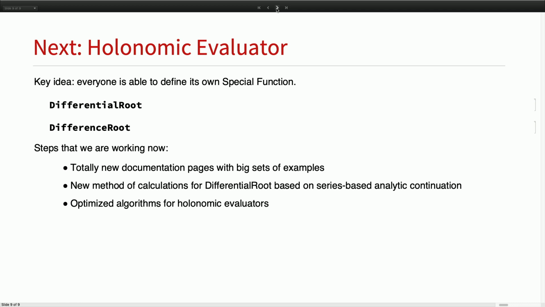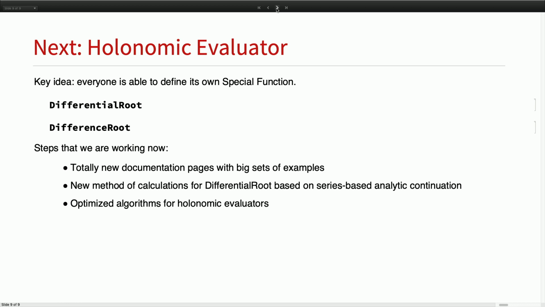So at the moment we are implementing a new evaluation scheme for DifferentialRoot that will be based on series expansions and an analytic continuation procedure. In fact, this is done already. We have also totally updated all the documentation pages for DifferentialRoot and DifferenceRoot with a very big set of examples, but they will not appear in 12.1. They will appear in 12.2, I think.